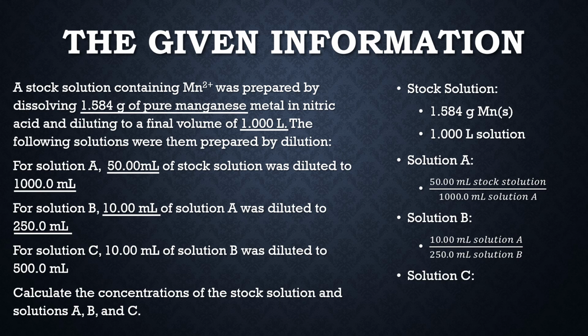Onwards. Solution C, our last solution. We take 10 milliliters of solution B and dilute it down to 500 milliliters of solution C. So that's our last conversion factor. Okay. So there's all our given information.